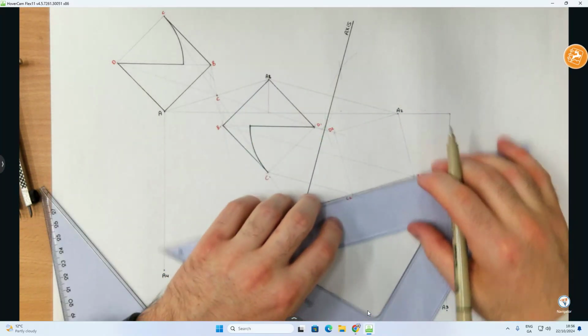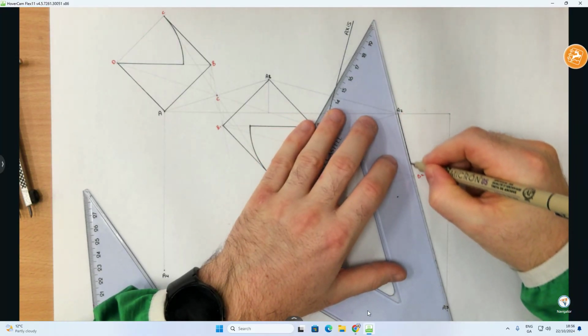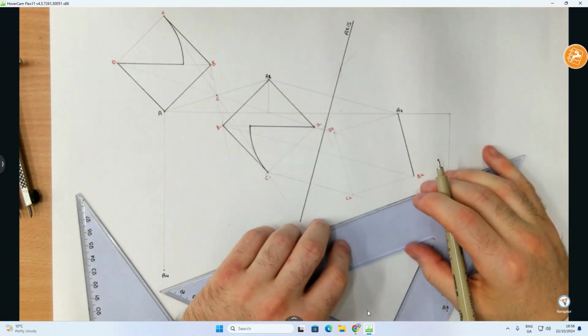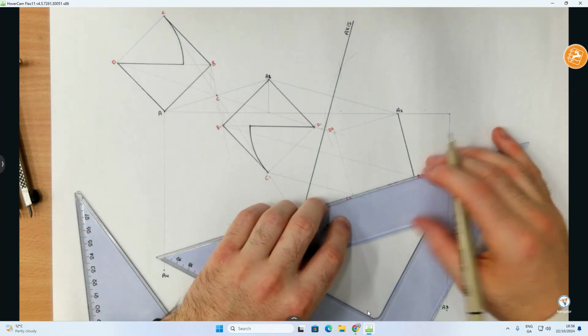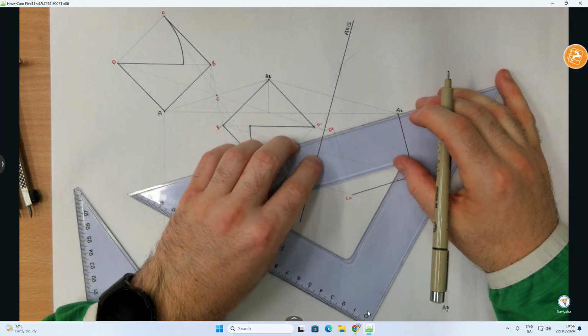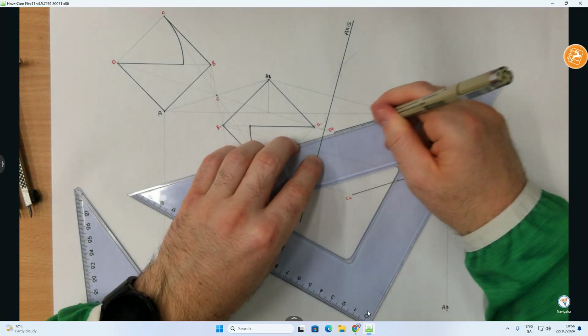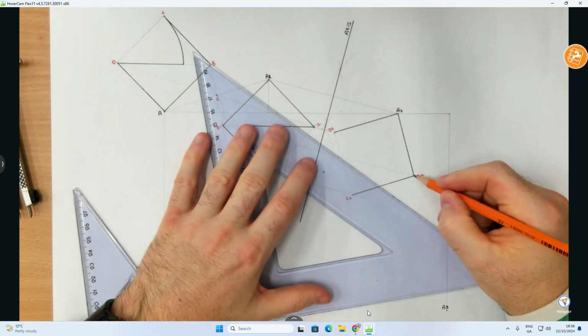So A to B is heavy, A2 I should say to B2. B2 to C2 is heavy. A2 to D2 is heavy. Just following the pattern after this. Keep going. D connects across to B, so we'll put that in again.